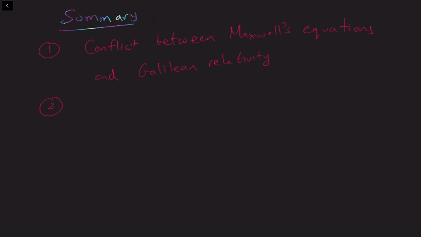So there were attempts to search for the ether, and one particular attempt was the Michelson-Morley experiment. But this experiment resulted in a null result in that it could not find any sign of ether drift for the Earth.